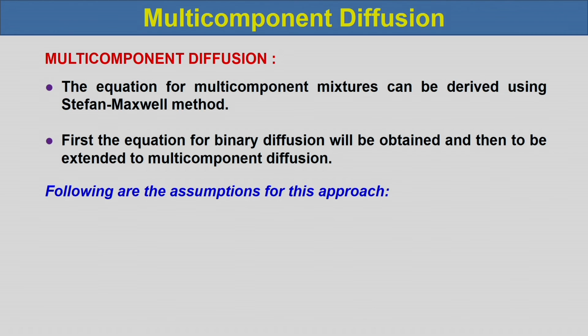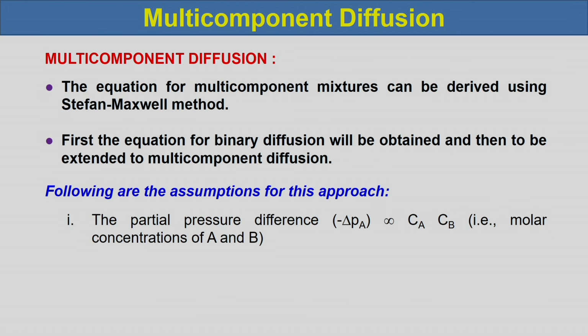Now, while deriving the equation for the binary diffusion coefficient and then for the multi-component systems, the following assumptions would be taken. The first one is that the partial pressure difference, that is delta Pa, is proportional to Ca and Cb. Ca and Cb are the molar concentrations of A and B. So, delta Pa, the partial pressure difference, is proportional to the concentration Ca into Cb.